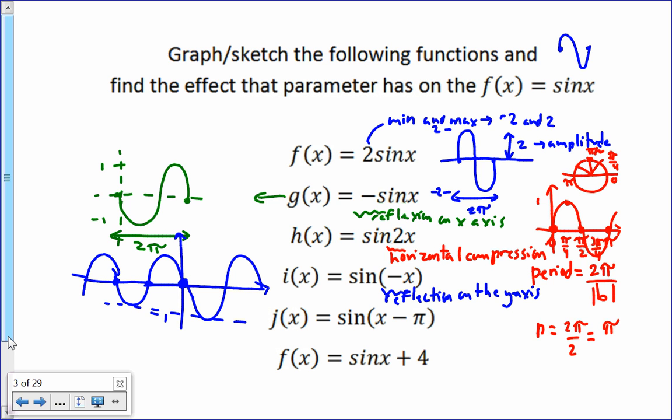Okay. And so what happens if there's a reflection on the x and a reflection on the y? It comes back to normal. Because if you reflect like this and you reflect like this, then it comes back to our original sine of x. Okay?